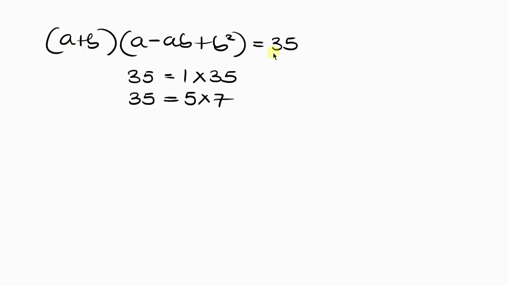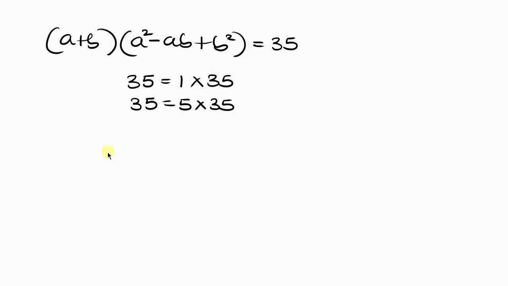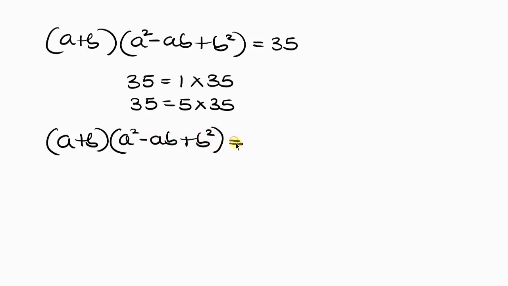All right, so we've written down the factors of 35. That means we're going to be writing our equation again. So we have a plus b times a squared minus ab plus b squared will be equal to, focus on the first factor we wrote, which is 1 times 35.